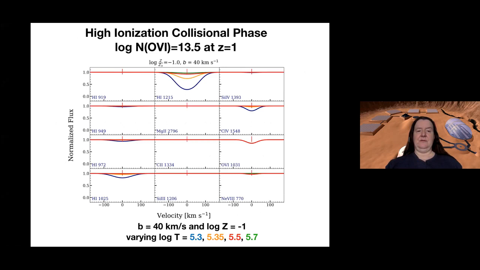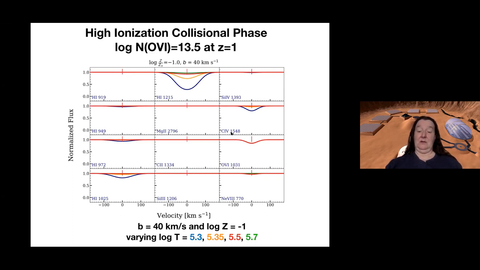Now I want to look briefly at oxygen 6, and this is going to be a collisionally ionized model where the oxygen 6 has a column density of 13.5, so relatively weak, and the temperature changing 5.3, 5.35, 5.5, and 5.7. We start to see the neon 8 just barely at 5.7, and we see carbon 4 at the lower temperature.